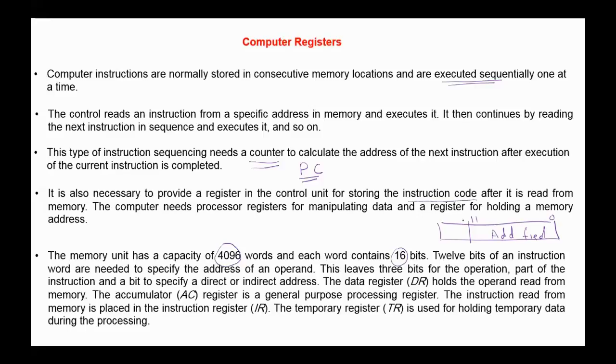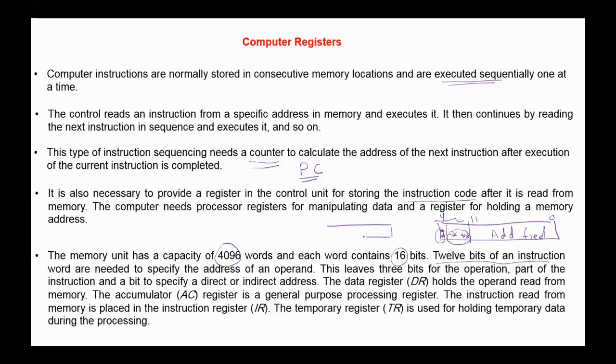We have the remaining 4 bits for the operation code, and 1 bit of these 4 is for the mode bit, the direct or indirect addressing mode. So we have only 3 bits remaining for the operation code.